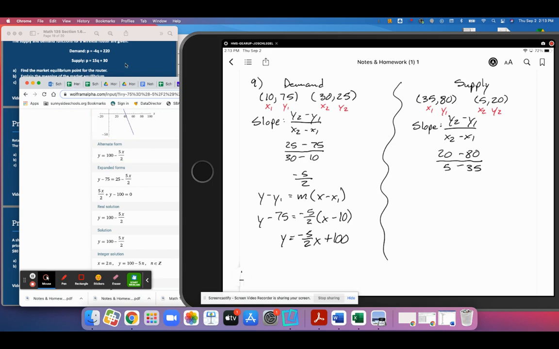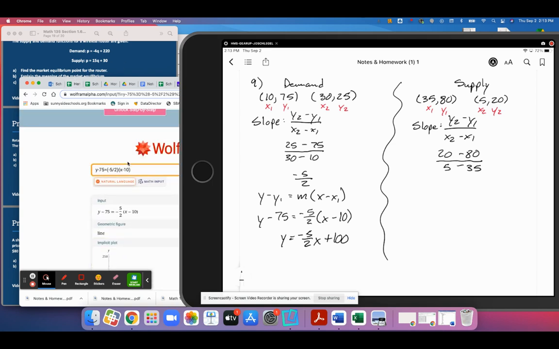I'm not sure that I want to do that one in my head, so I'll use Wolfram to do that one. And so we will have 20 minus 80 over 5 minus 35, and we get a result of 2.